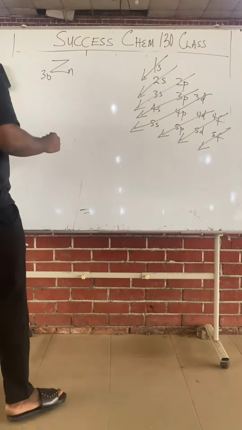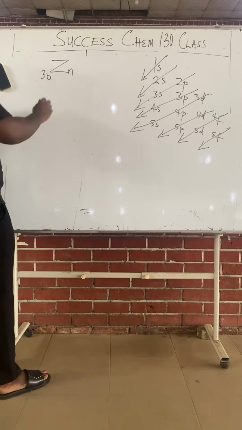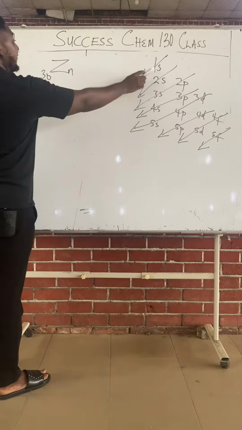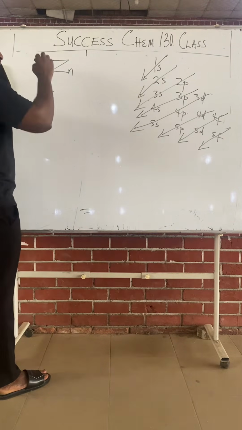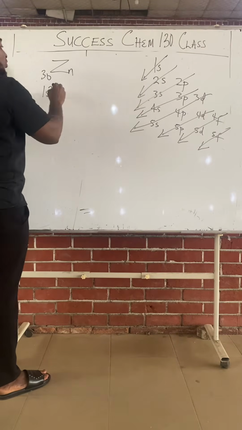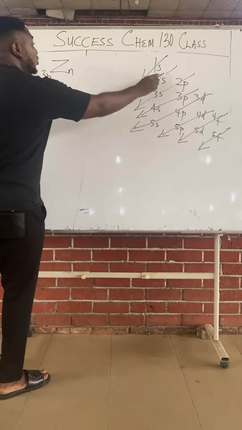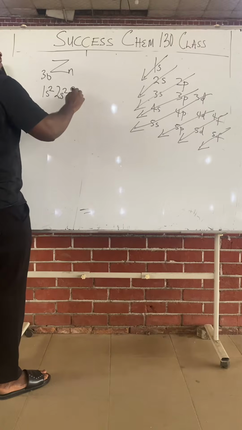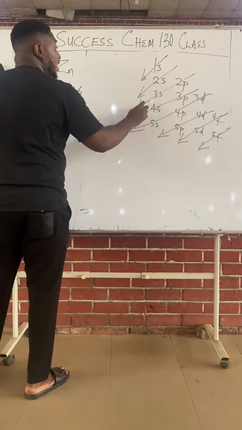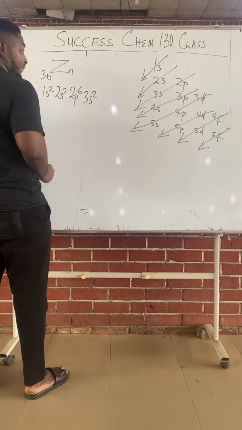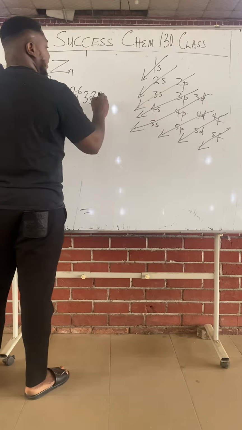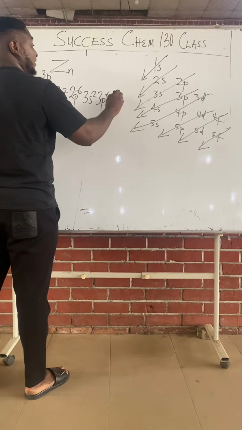So if I want to fill 30, what is the SPDF electronic configuration for 30? Start filling from 1s. S can take only 2. After 1s, you go to 2s. After 2s, you go to 2p. P can take up to 6, remember. After 2p, 3s, S can still take 2. Then 3p, 4s.